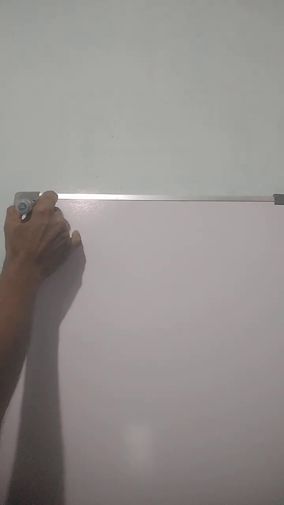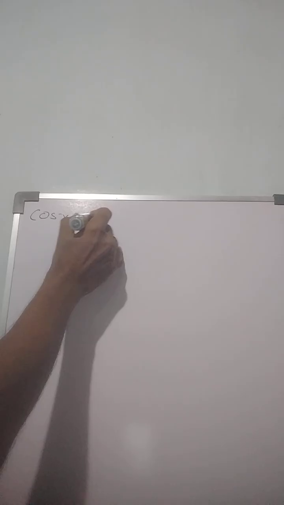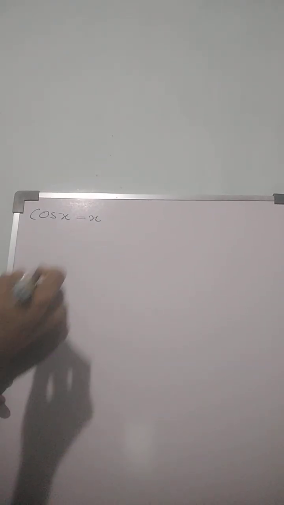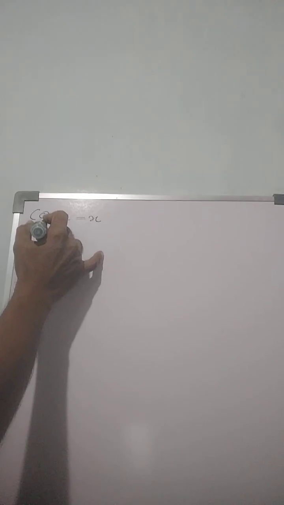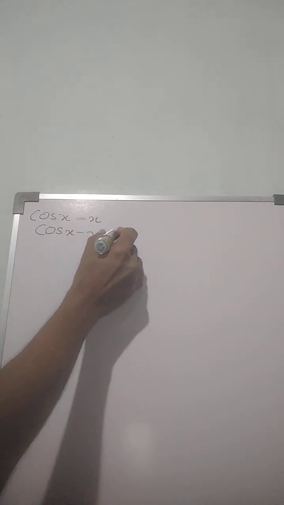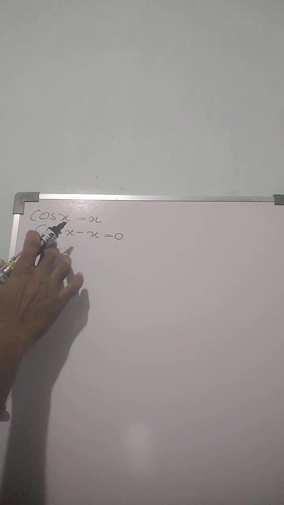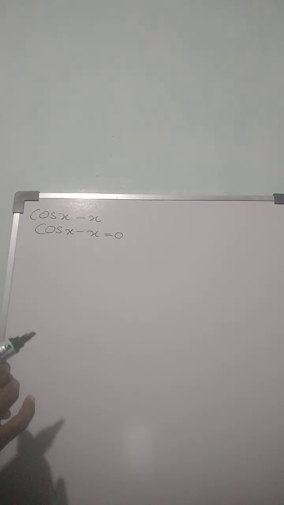Now this is the equation we have: cos x equals x. We can write it as cos x minus x equals 0. We have to find solutions so that cos x minus x equals 0.